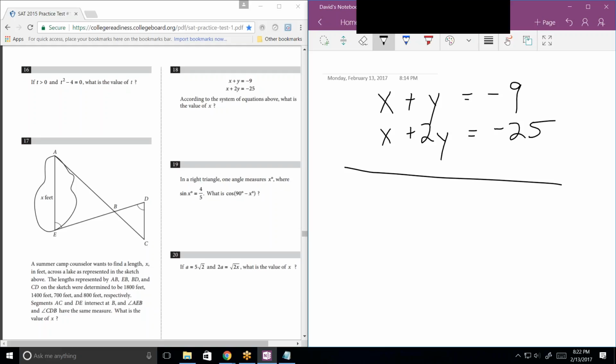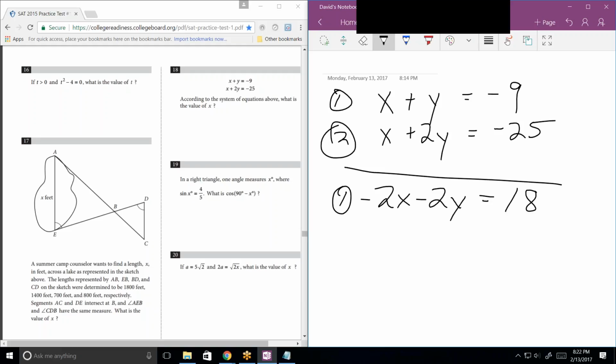I don't mind that, but you don't really need to do that. Notice that I could subtract the equations immediately and eliminate x. But I have no problem with that. So I'm going to rewrite 1 as minus 2x minus 2y equals plus 18.